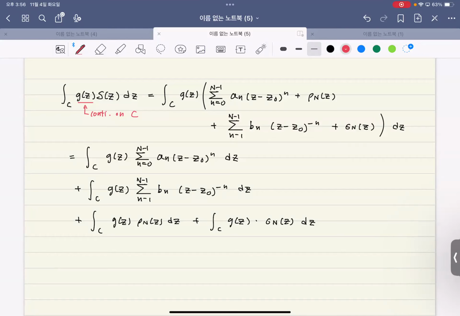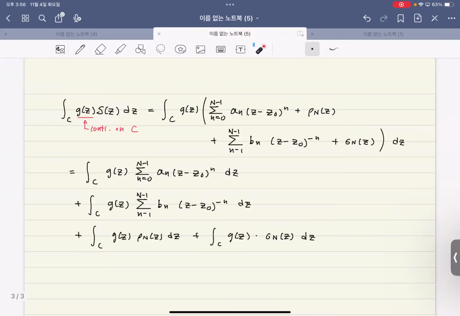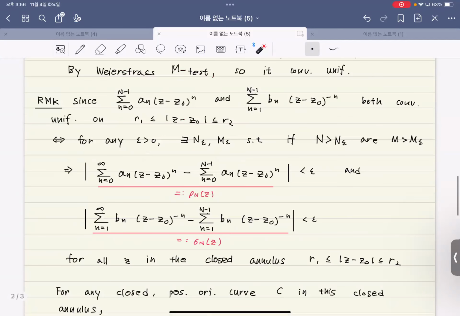How do I know that? This is very easy. Since we are assuming that this test function g of z is continuous on this curve C, the modulus of this must be bounded by some constant, and the same is true for this side. Also, because of the uniform convergence of the series, rho n of z and sigma n of z can be chosen arbitrarily small for sufficiently large indices n and m.